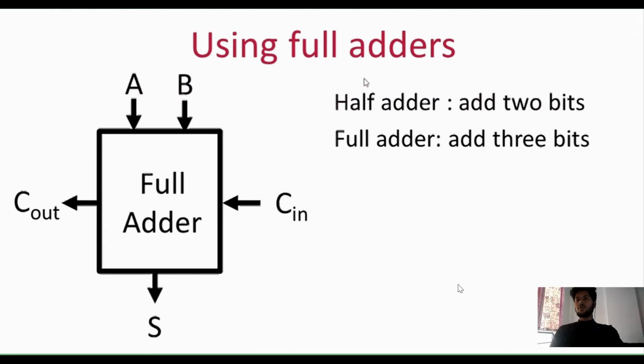Using full adders. A half adder can be used to add 2 bits, but the full adder has an advantage over it, which adds 3 bits. Here, A and B are inputs, Cn is also an input, which gives sum as an output and a carry out also as an output.